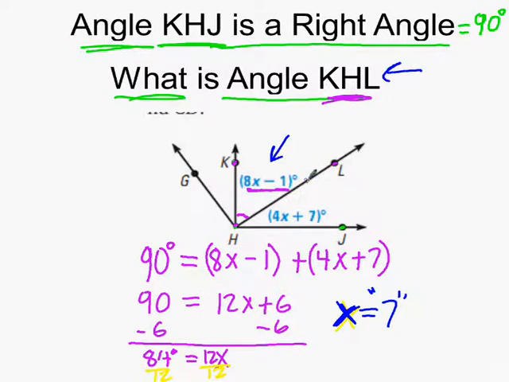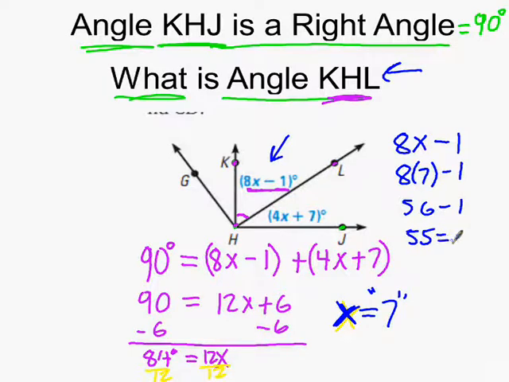So I'm going to write it again, 8x minus 1. And instead of an x, I'm going to write a 7. 8 times 7 minus 1. 8 times 7 is 56. That means that we minus 1 and we get 55 equals the measure of angle KHL. Alright, good luck.